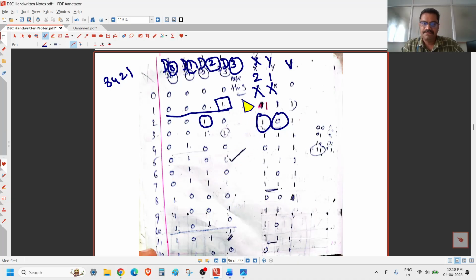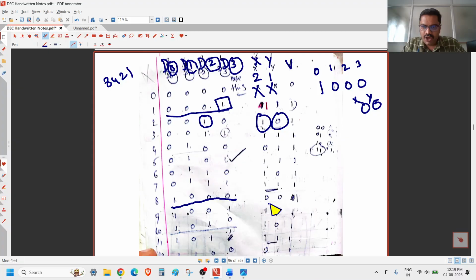For example, if the input is 1000, what is the priority? 0, 1, 2, 3, so 0 is the priority. That means no need to mention any 1, so XY is equal to 00. You can see here for 1000 the output is 00.